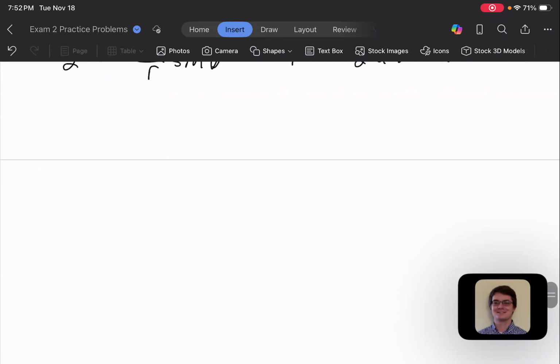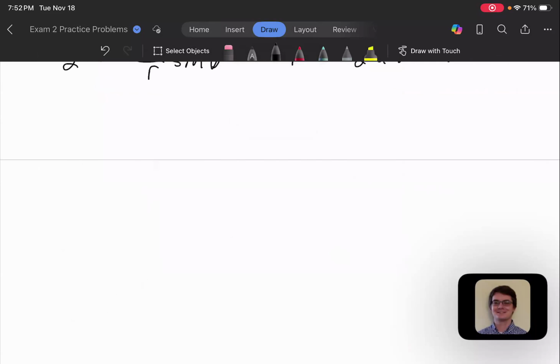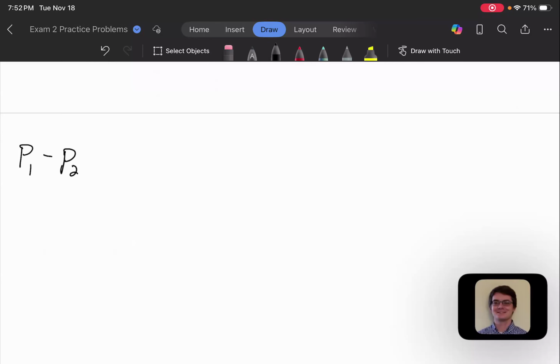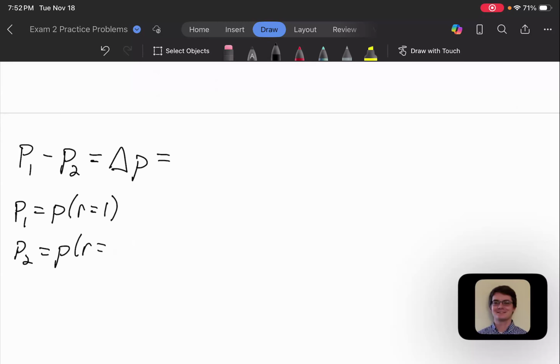So what we want to find is P1 minus P2 equals delta P, where P1 equals the static pressure at r equals 1, and P2 equals the static pressure at r equals 2.